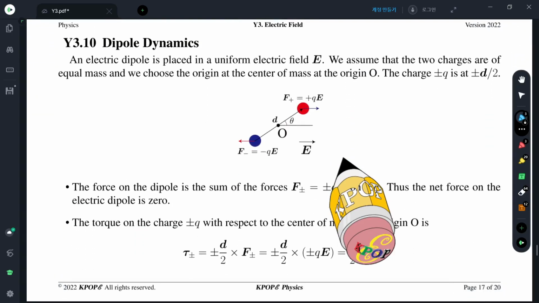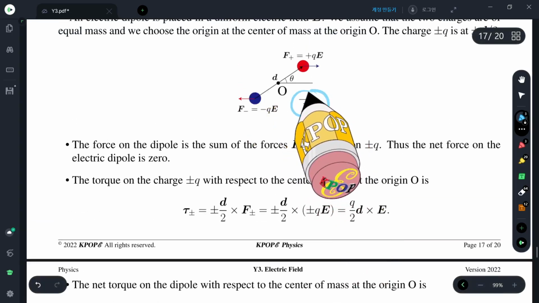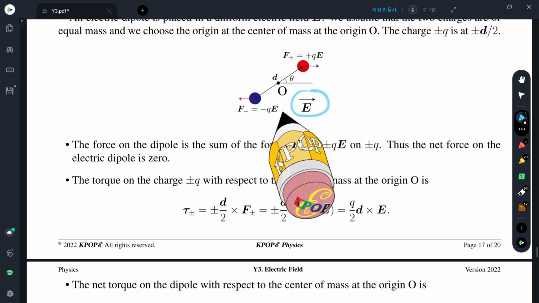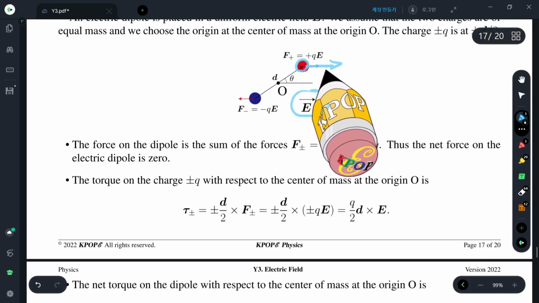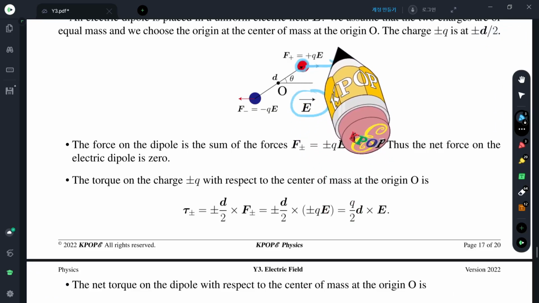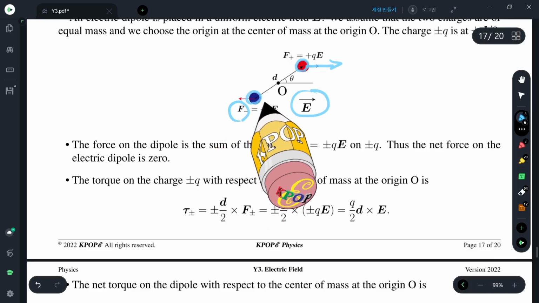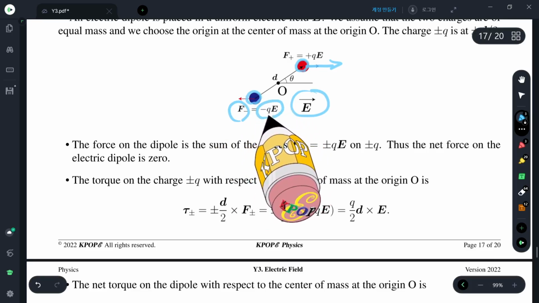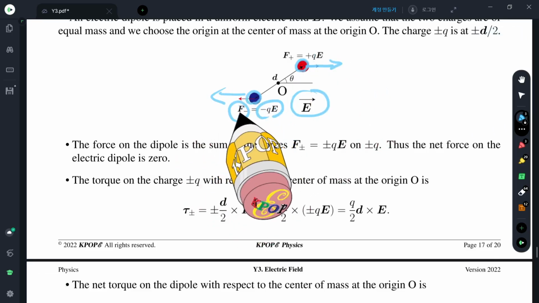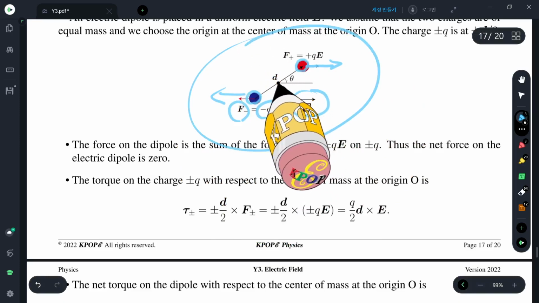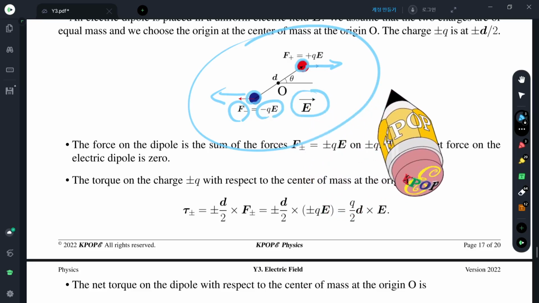And dipole dynamics: if you have an electric dipole in an external constant electric field, the positive charge has the external force qE. Here, the negative charge experiences the electric field, so the electrostatic force is opposite. The sum of the two forces, the net force on the electric dipole due to a constant electric field, is 0.